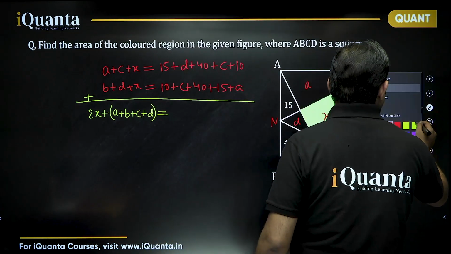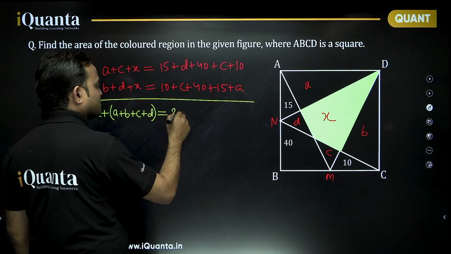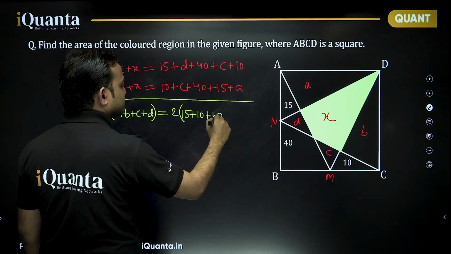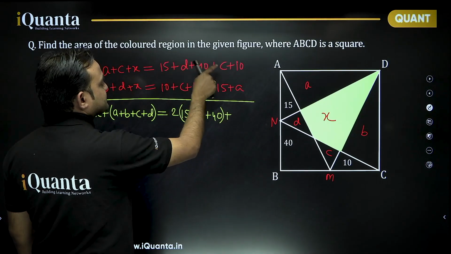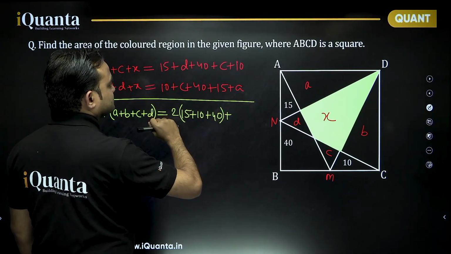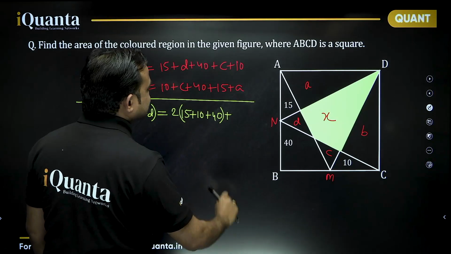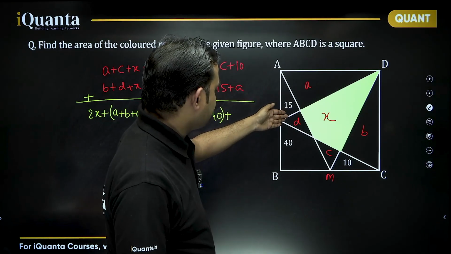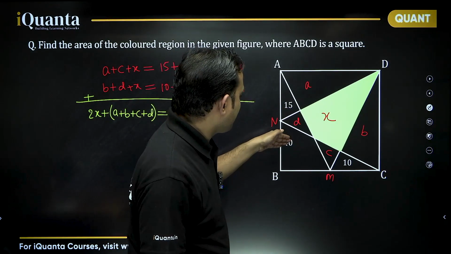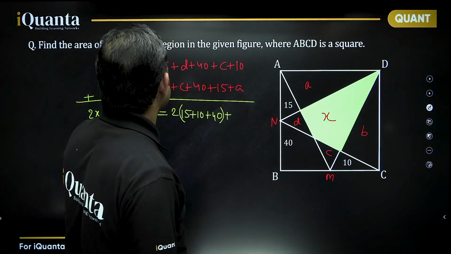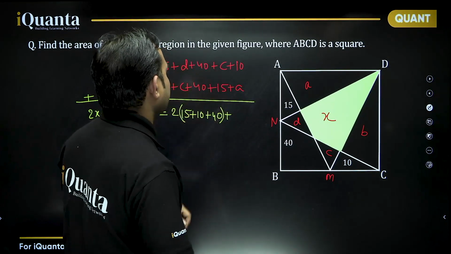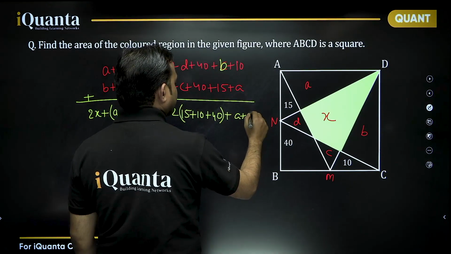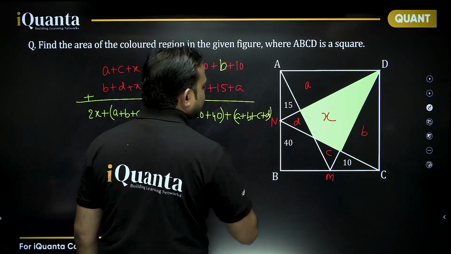Okay, so in that case this sum will be twice of 15 plus 10 plus 40 plus, in the first case, it should have been D, 15, D, 40, 10, B. Okay, instead of C, it will be B. So we get A plus B plus C plus D. This is what we get, right?